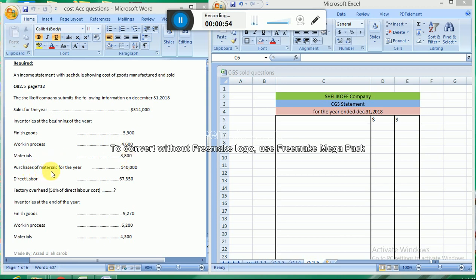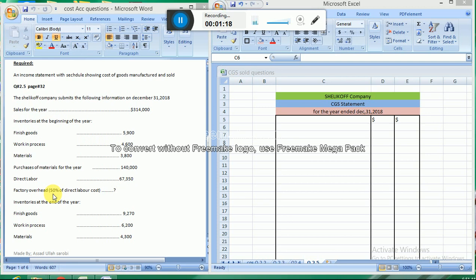Purchases of materials for the year 1,40,000. Direct labor cost 67,350. Factory overhead cost is not given, but it is 50% of direct labor cost.